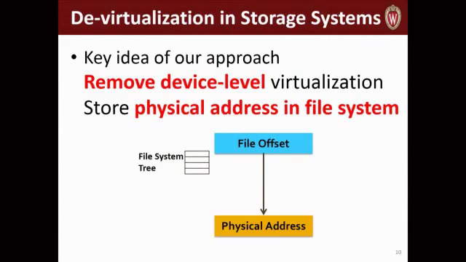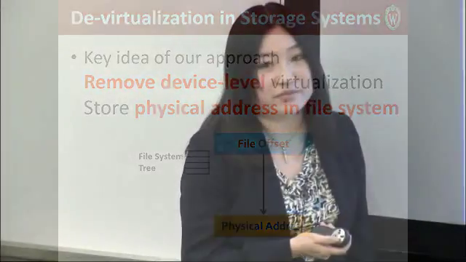For a block, we first map from a file offset to a logical address, using a file system data structure, and then from the logical address to a physical address, using device mapping. And what we do is remove the device level mapping and directly map from file offset to physical addresses.